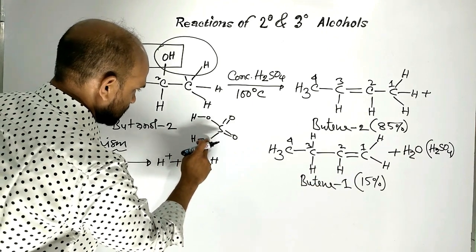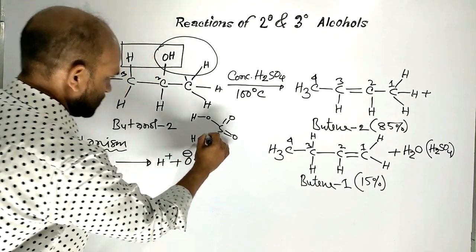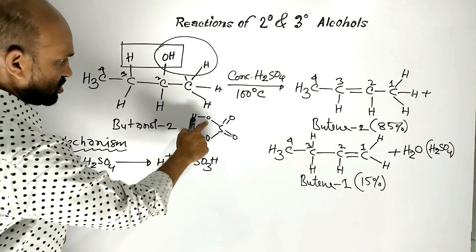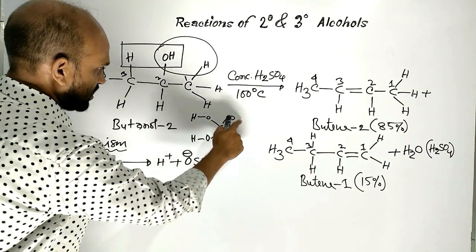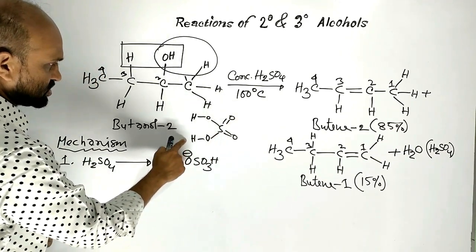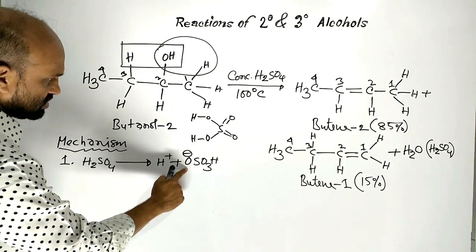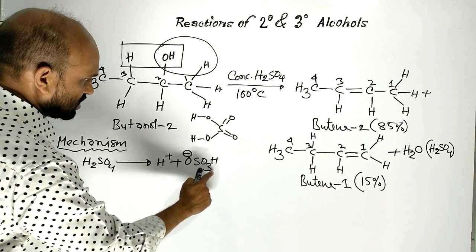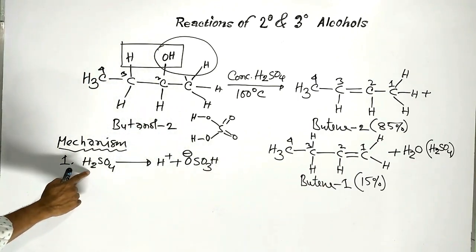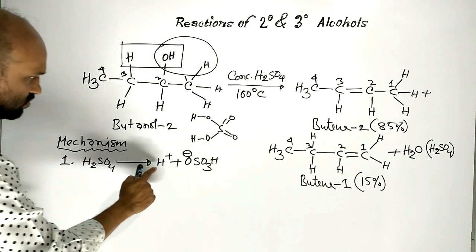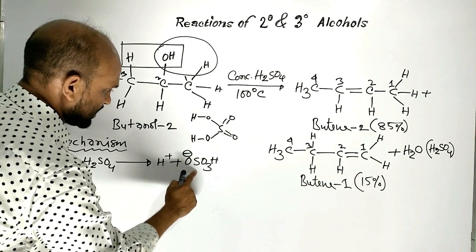This is oxygen, hydrogen, oxygen, sulfur, oxygen 3, hydrogen. So sulfuric acid ionizes to form proton and bisulfate ion.